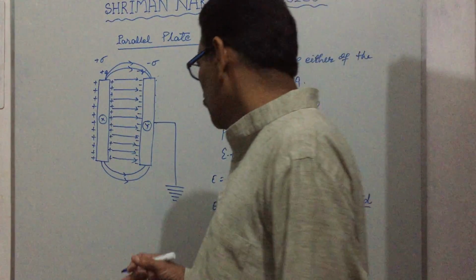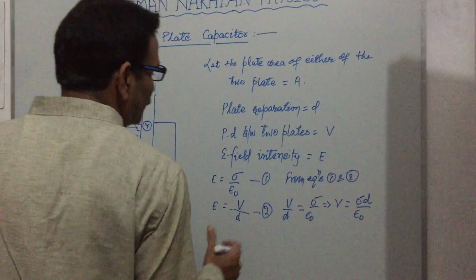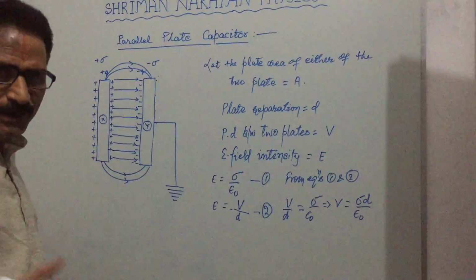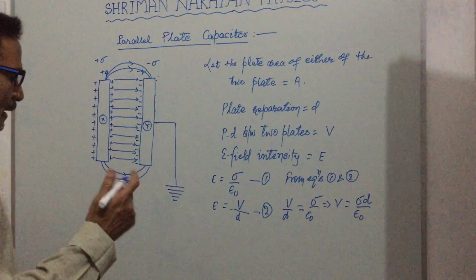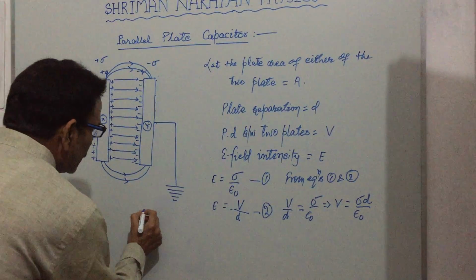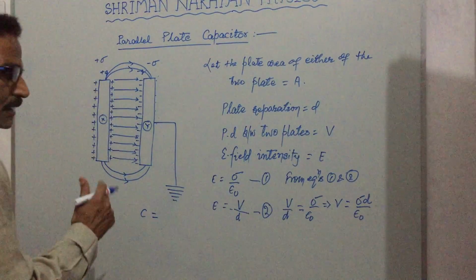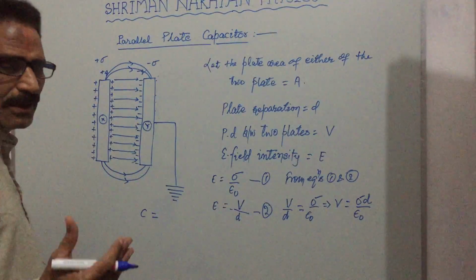Now I am interested to find the value of capacity of this parallel plate capacitor. Let the capacity of this capacitor be C. So C is equal to what? Charge divided by potential difference.